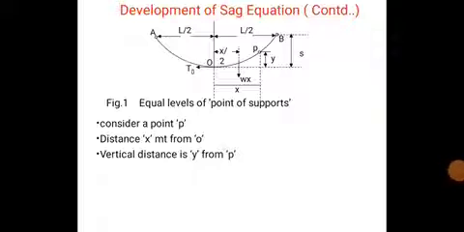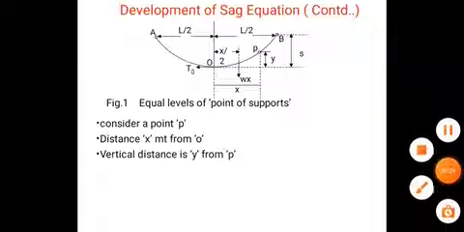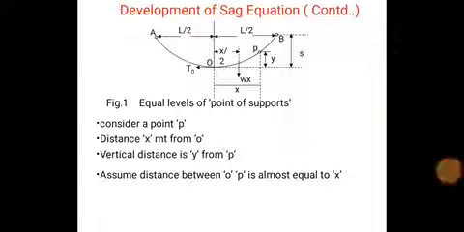Consider point P at a distance x meters from O and a vertical distance y from P. Assume the distance OP is almost equal to x, that is the curvature OP is almost equal to the horizontal component x.